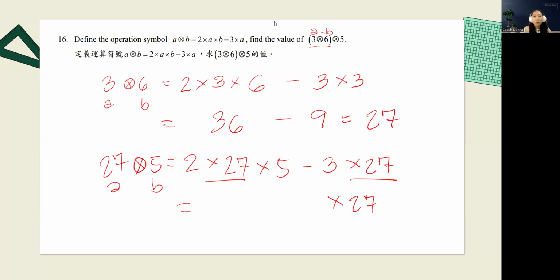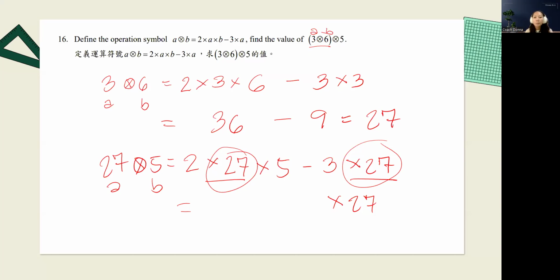Okay, we will now proceed to continue our problem right here. We have multiplied by 27, right? We're constantly multiplying by 27. So again, let's take it out so that we don't multiply 27 every time.